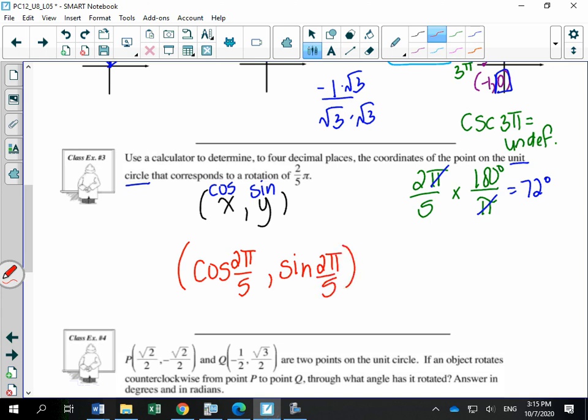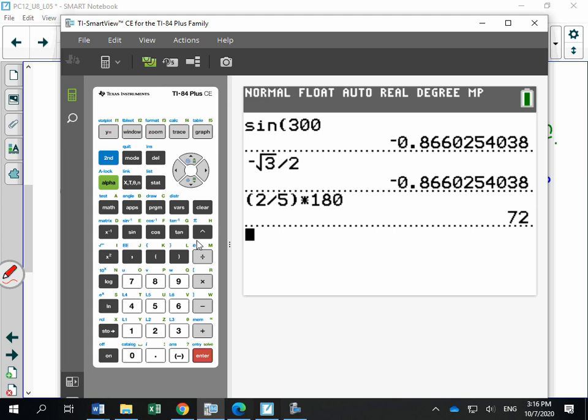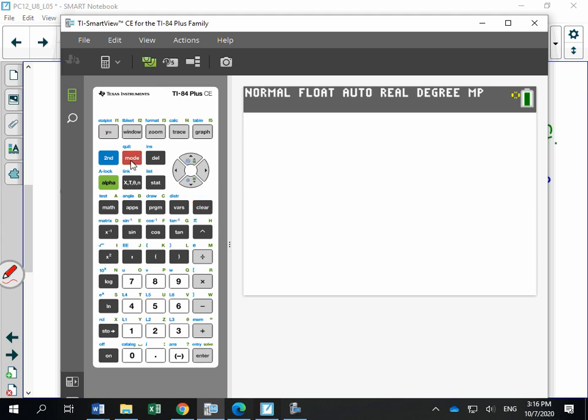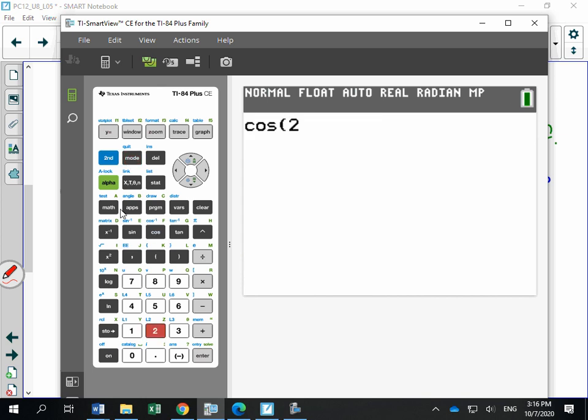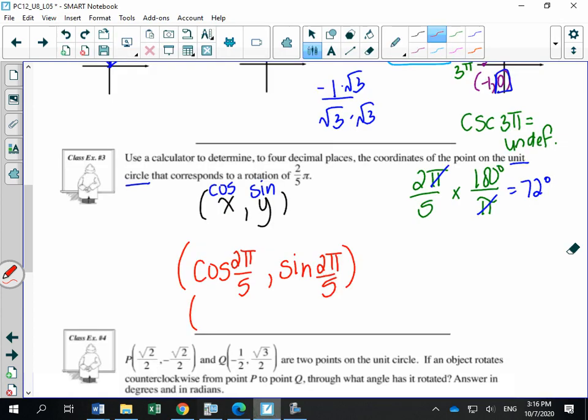So then on your calculator, you would need to calculate what the cos of 2 pi over 5 is, and you need to make sure you are in radian mode. So on your calculator, I'm in degree mode. So I need to go to radian mode. And I would need to type in the cos of 2 pi divided by 5. And that answer to 4 decimal places is 0.3090.